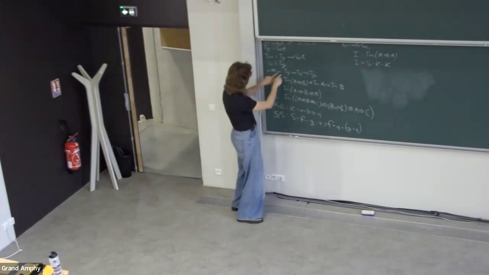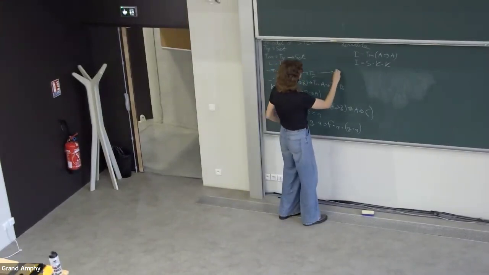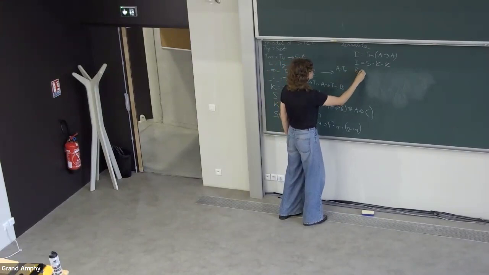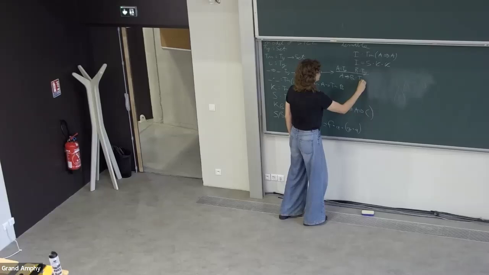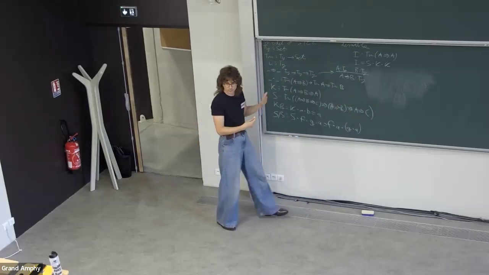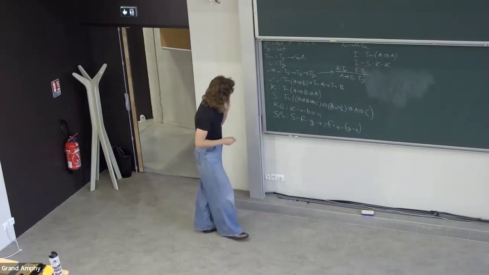So for example, this rule is turned into, if you give a name to everything, if A is a type, B is a type, then you get A and B, which is a type. So this is just a different notation for this line, and some people like this more.